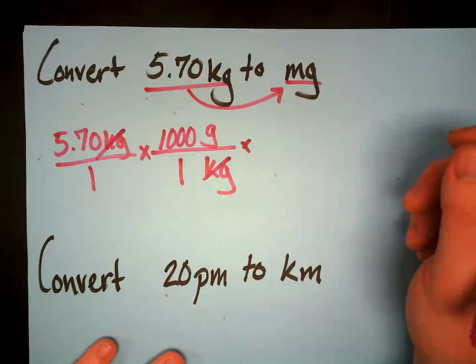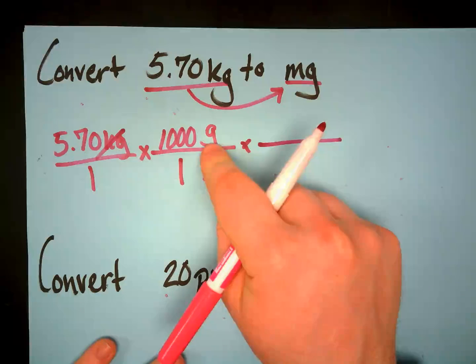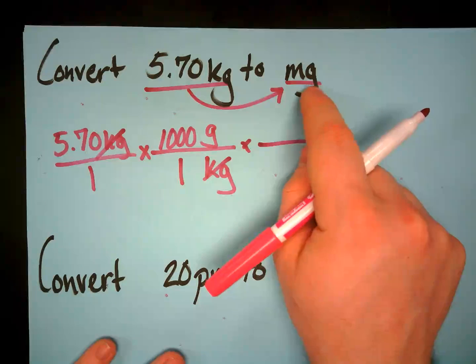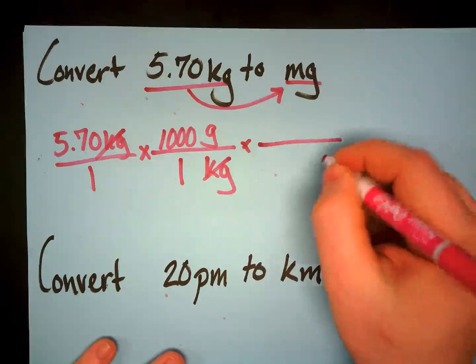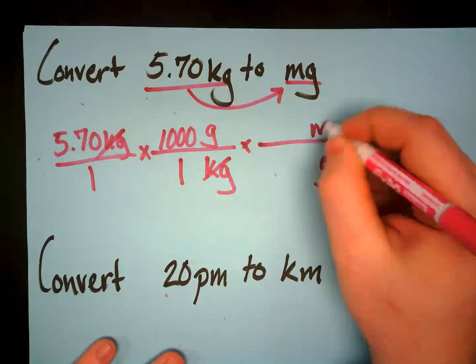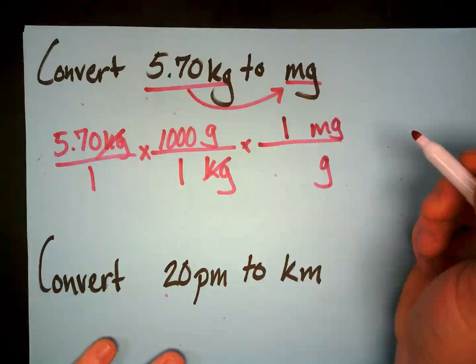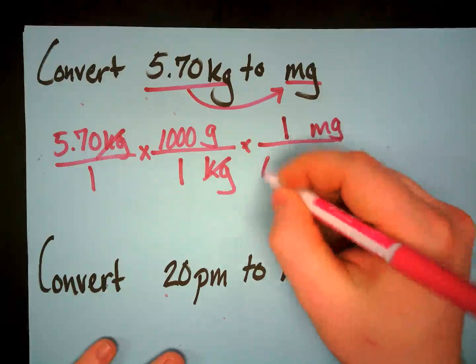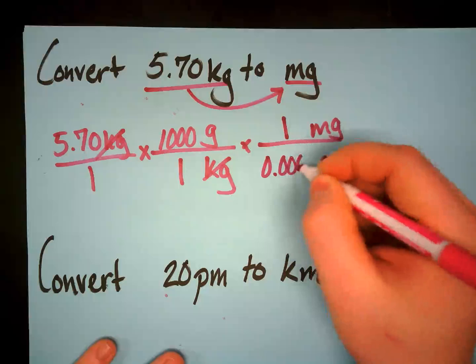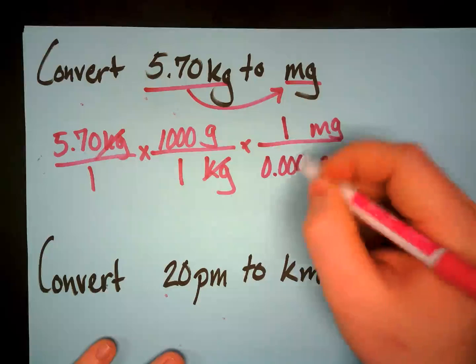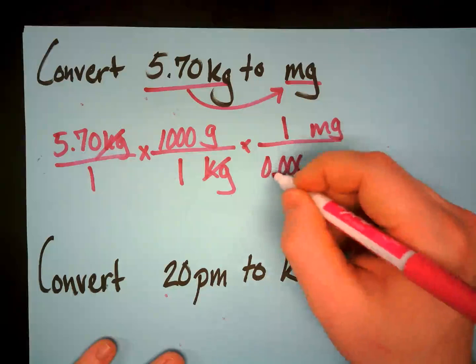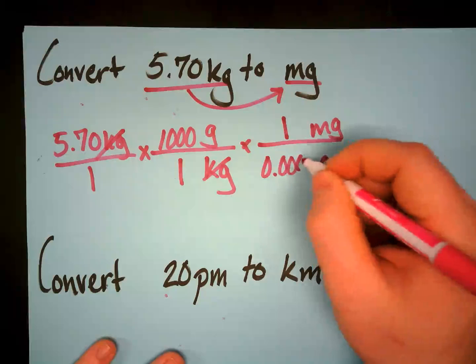Kilograms would then cross out. We're at grams, but we need to be at milligrams, so now we've got to get rid of these. So we put grams on the bottom, milligrams up top. Milligrams, because it has the prefix, gets the 1. And then, let's see, 1, 2, 3.